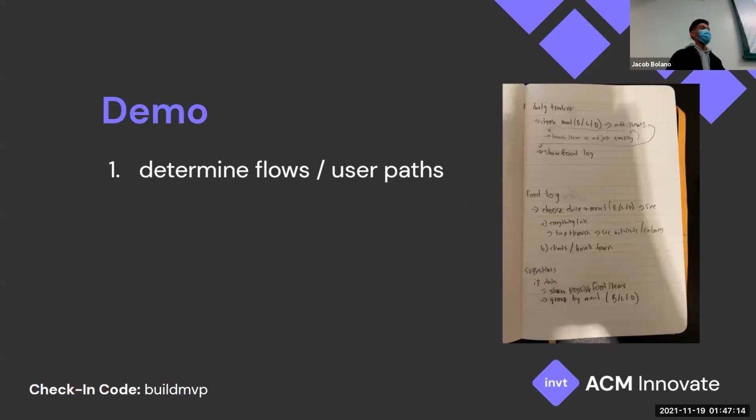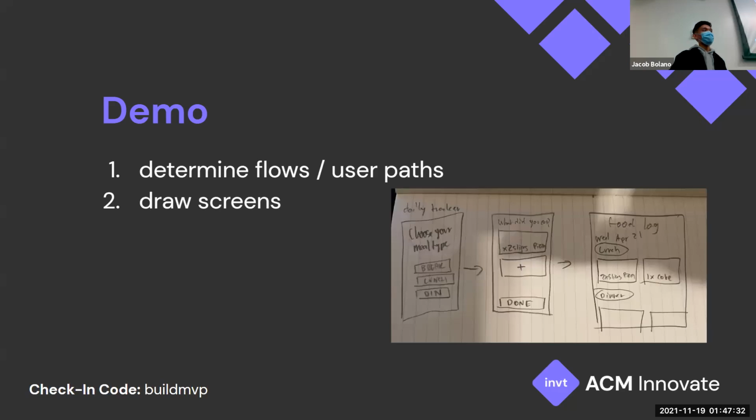And then I'm going to play a video in a bit that we have from last year that explains some basics of Figma, a quick demo about how you can build an app or website on Figma. But again, the first thing you want to do is determine flows and user paths, which you can write down.